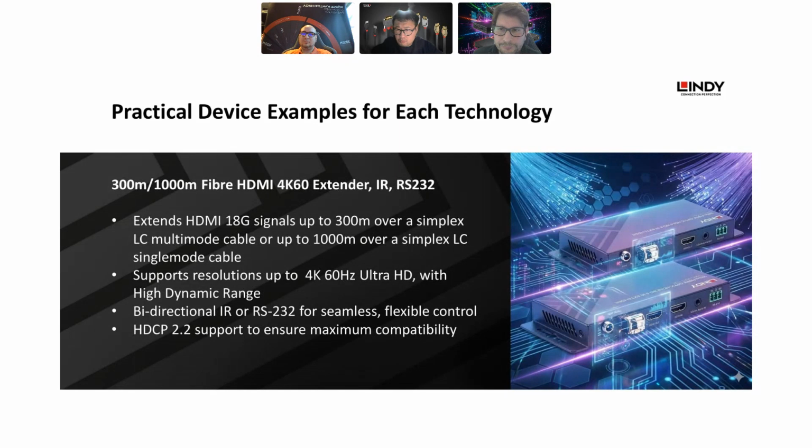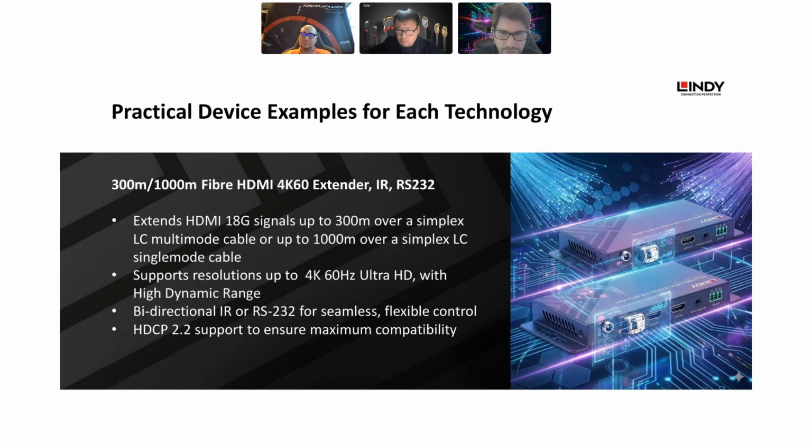A fiber standard extender. This model extends HDMI on a bandwidth of 18 gigabits, signals up to 300 meters over a simplex LC multimode cable, just one cable, or up to 1 kilometer over a simplex LC single mode cable.